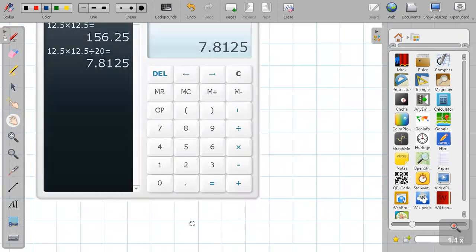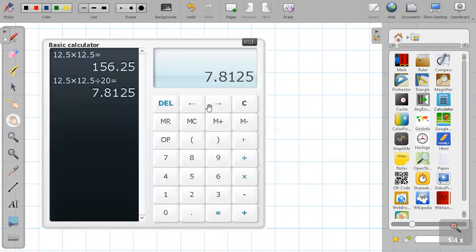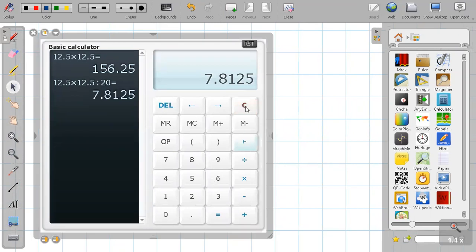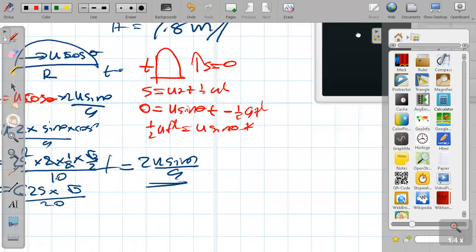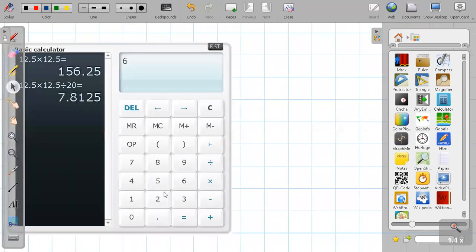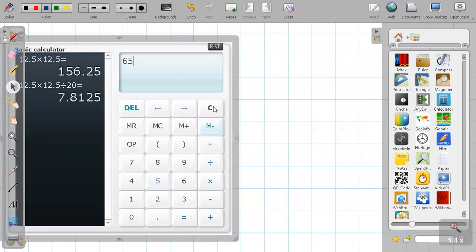Here we don't have a root option, but instead of that we can do one thing, because we can remember what root 3 is. 1.73, I'm going to take it as root 3 and let's divide it by 20.